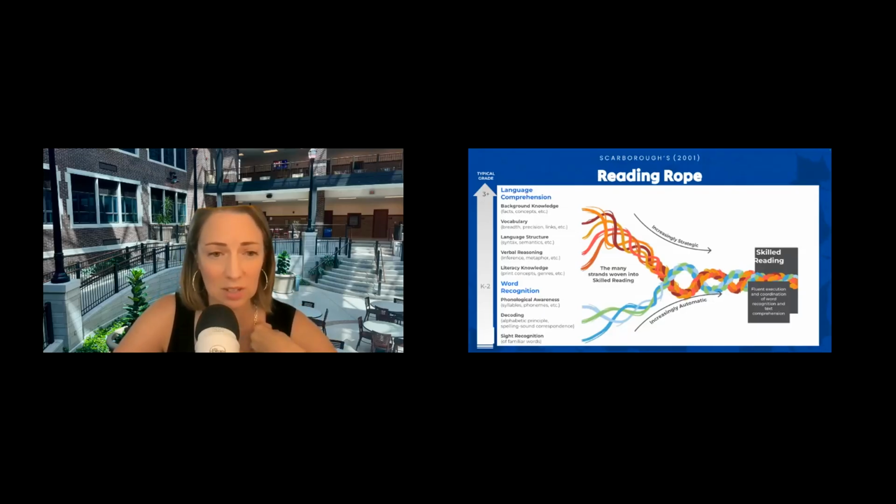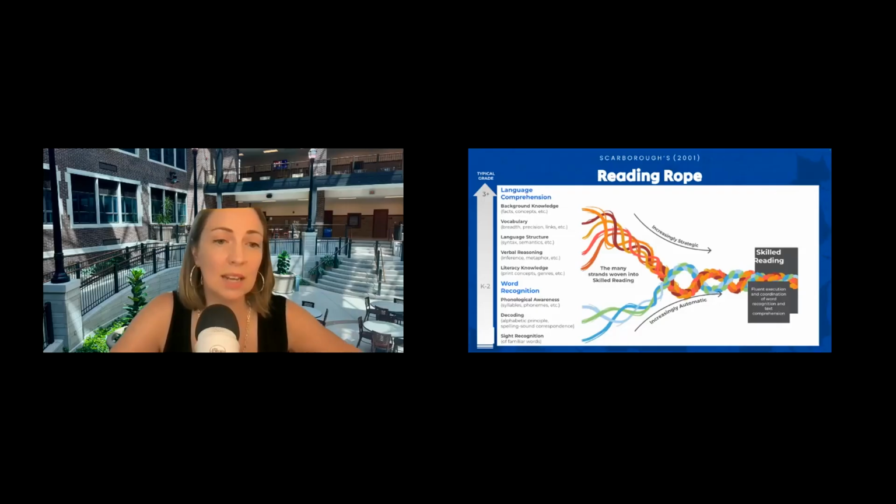Where we're finding ourselves now with that 70% of students not reading on grade level is that when you're teaching secondary, you have many students in your class sitting in front of you that have not mastered those word recognition skills. They are still struggling with decoding, with spelling, even with sound symbol correspondence or sight words. These are the students that will need that 20%, that intervention, that extra scaffolding.